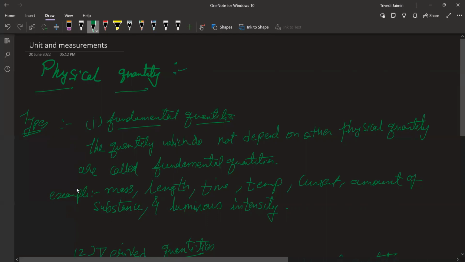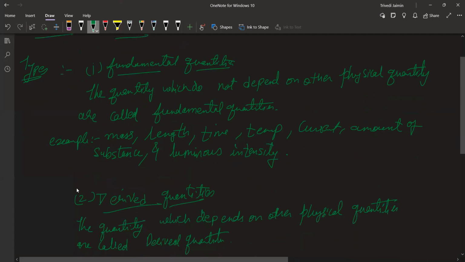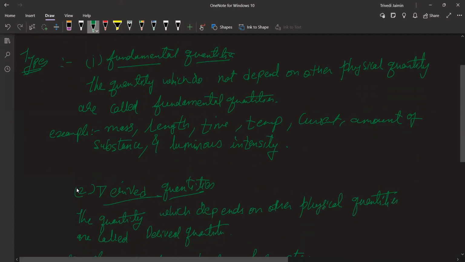Combination of all the fundamental and derived quantities are called physical quantities. Exactly. It means we can measure directly or indirectly. Mass we are directly measuring. But force, we are not directly measuring. We are indirectly measuring.